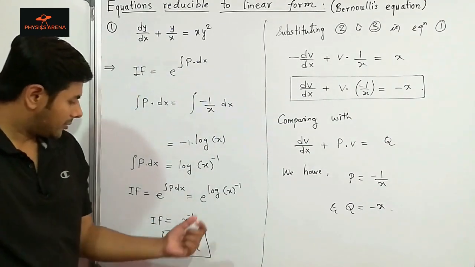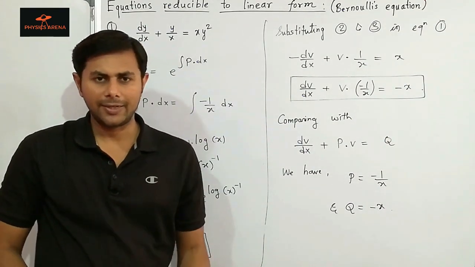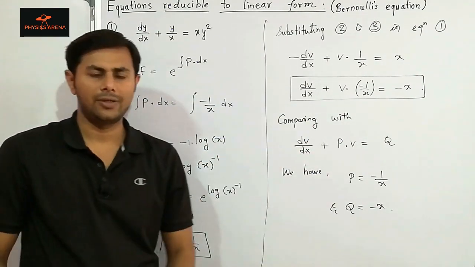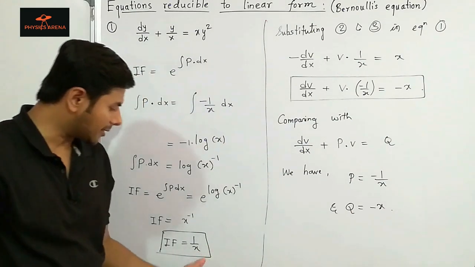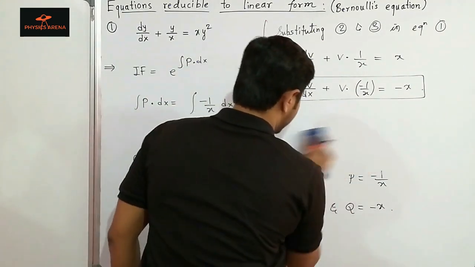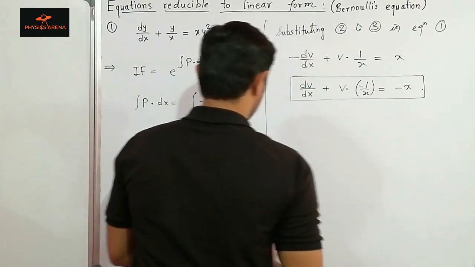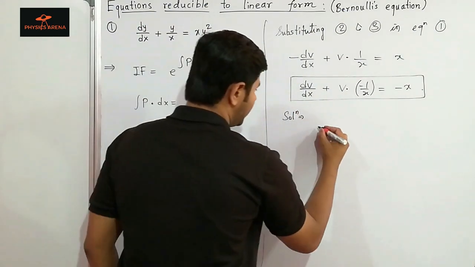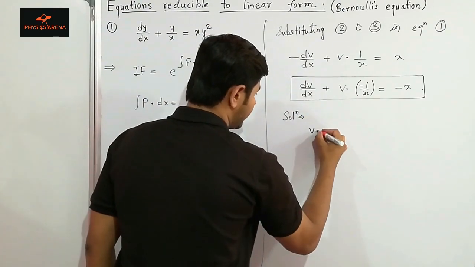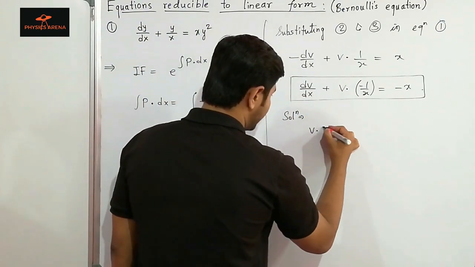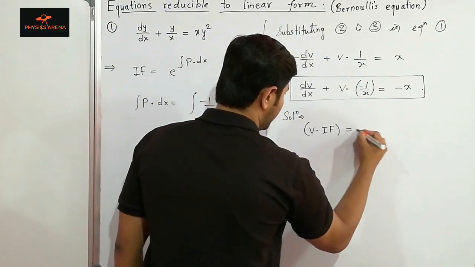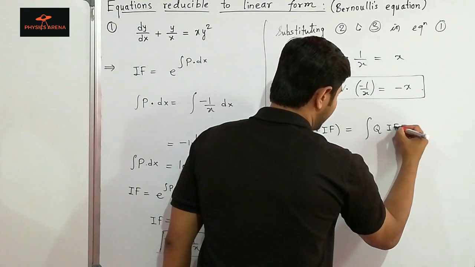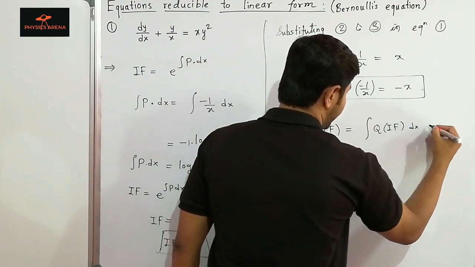Okay, so now that we got the integrating factor, we can write the solution of this equation in terms of the integrating factor. So let us write that. So the solution, as we know, is v times the integrating factor equals integral of q times the integrating factor dx plus c.